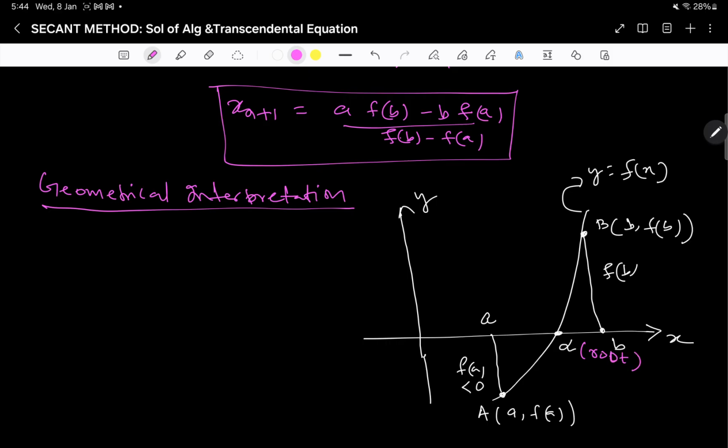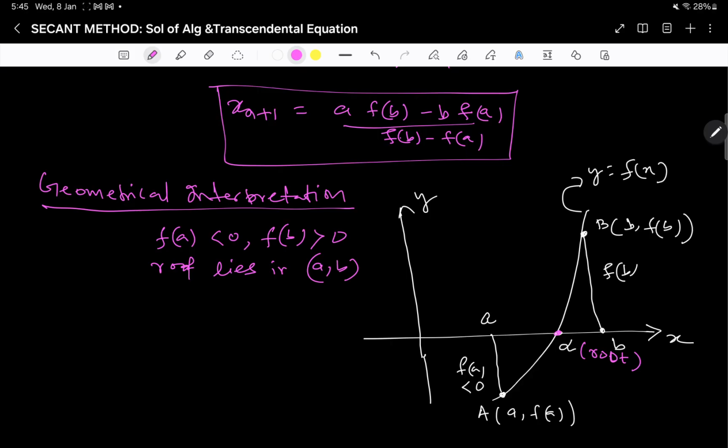But for the initial approximation, we see that f(a) is negative and f(b) is positive, so the root lies in (a, b). The final answer is alpha, but we consider the initial value between a and b.